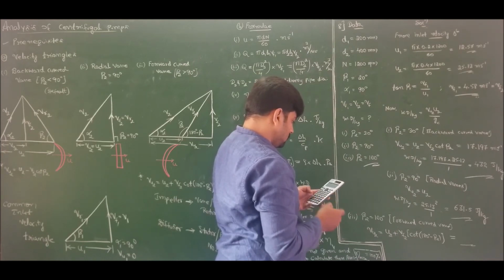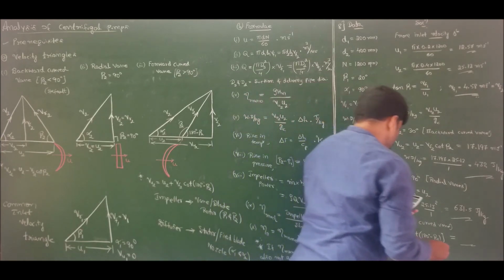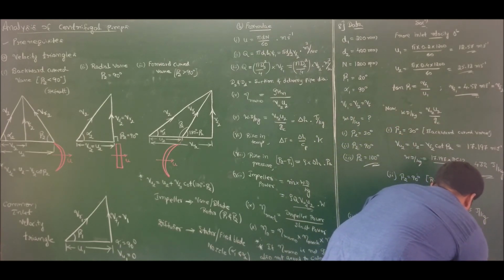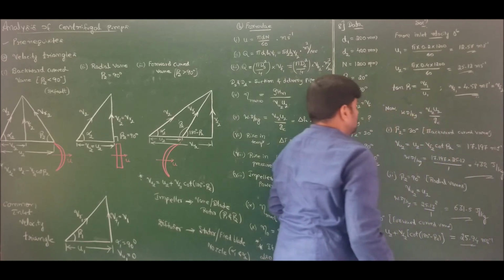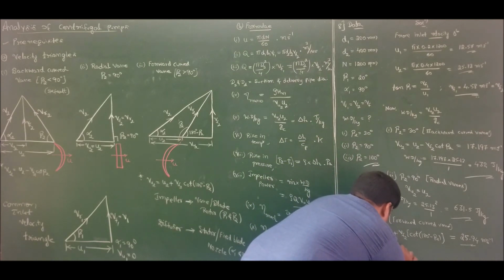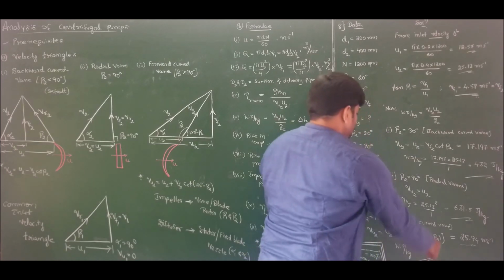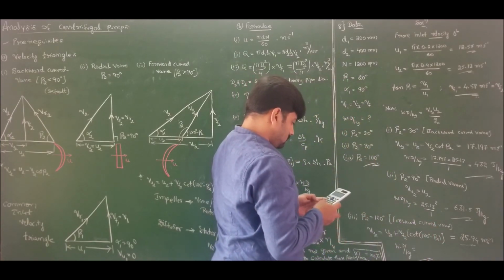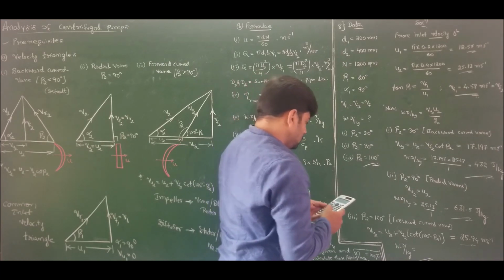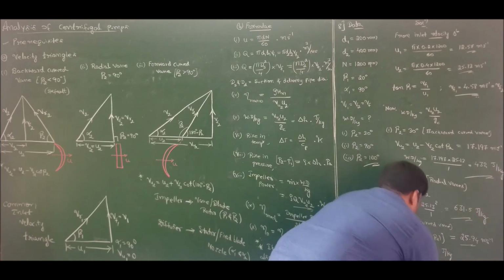If I solve, I get Vu2 as 25.94 meters per second. So work done per kg will be Vu2 into u2, 25.13, that is 651.8 joules per kg.